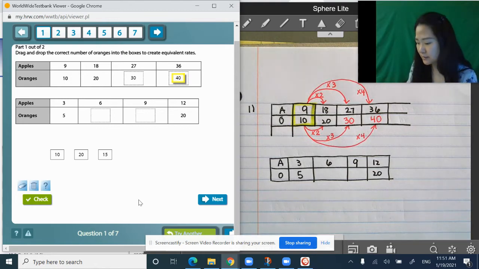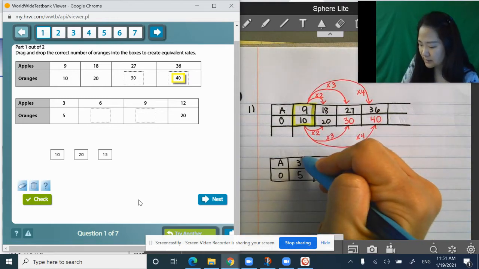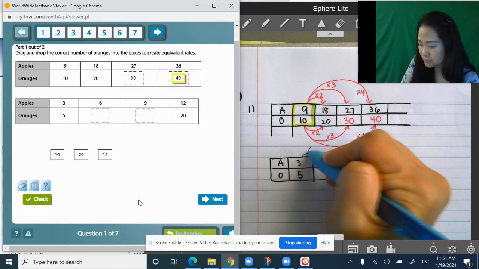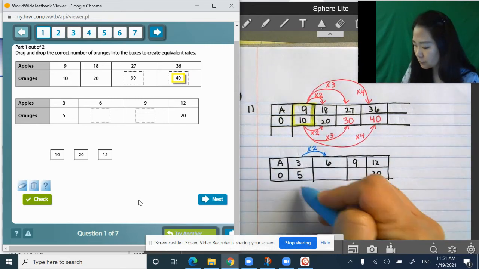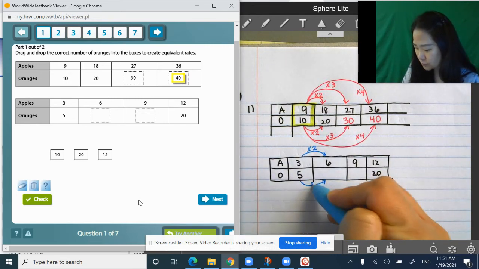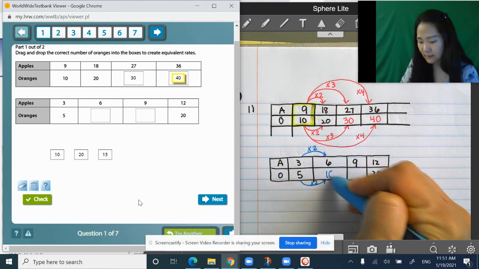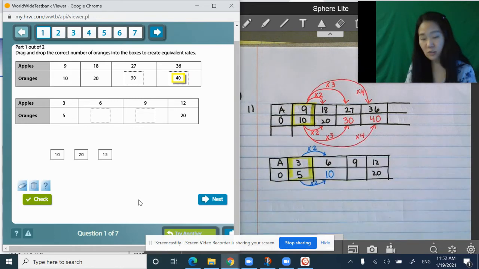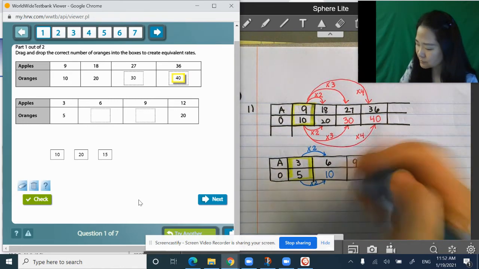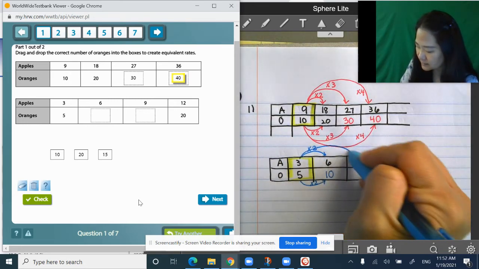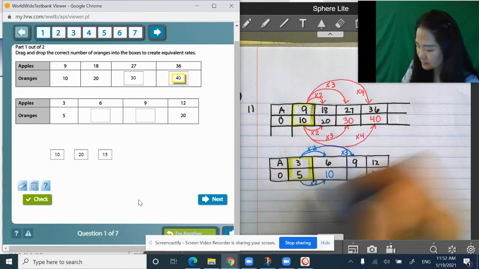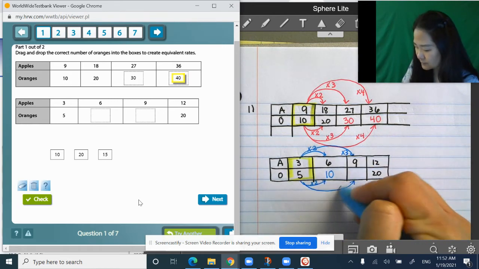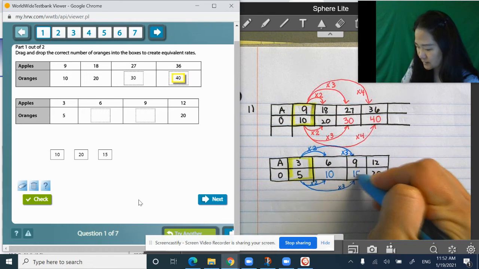Okay, for this one, 3 times 2 is 6. So I'm going to do 5 times 2, which is 10. Remember, again, I need to use this original ratio. So for the next one, 3 times 3 is 9. So I'm going to do 5 times 3, which is 15.